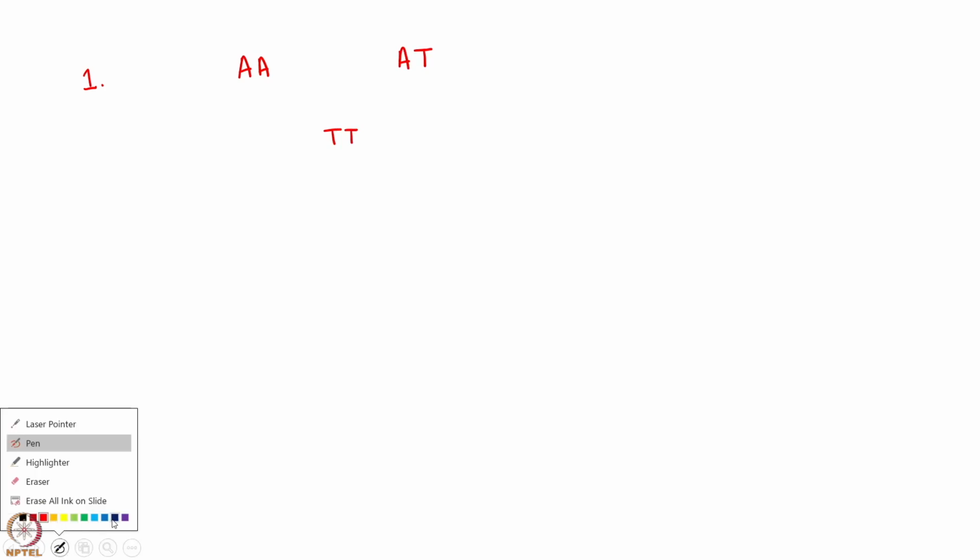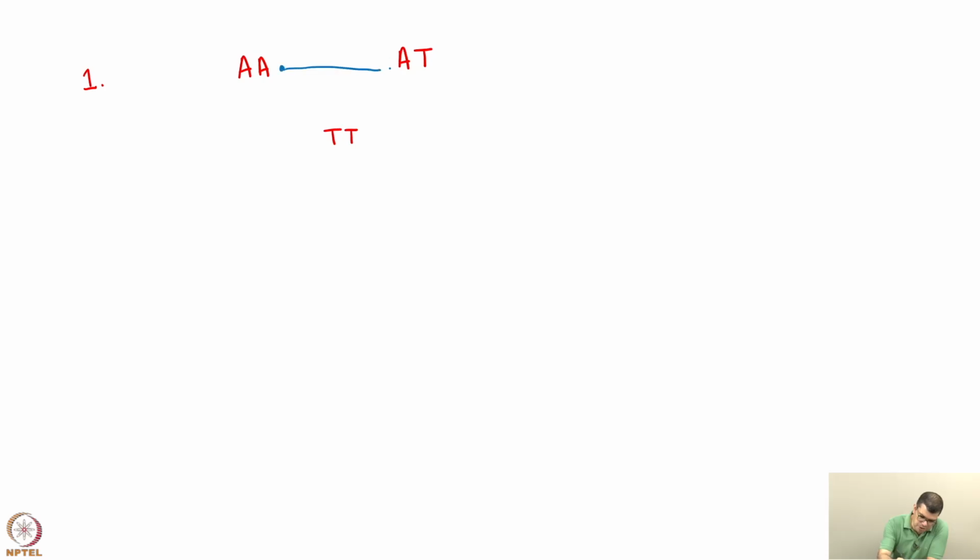So, the first concept that we need to understand is that, suppose in the sequence space we had these three nodes. When we were joining them, we defined the rule of joining two nodes, that only nodes which are separated from each other by one Hamming distance will be connected.